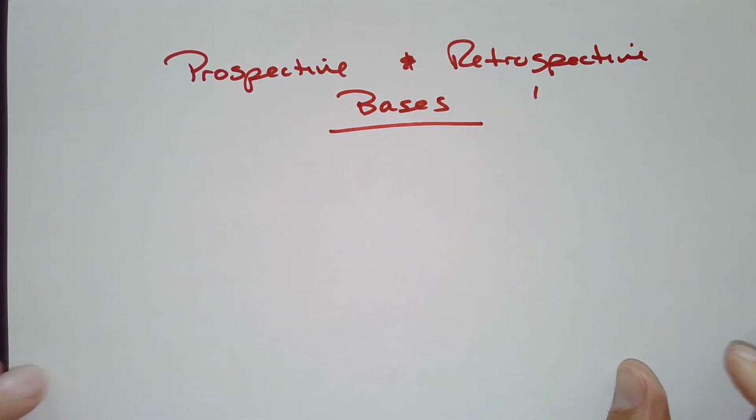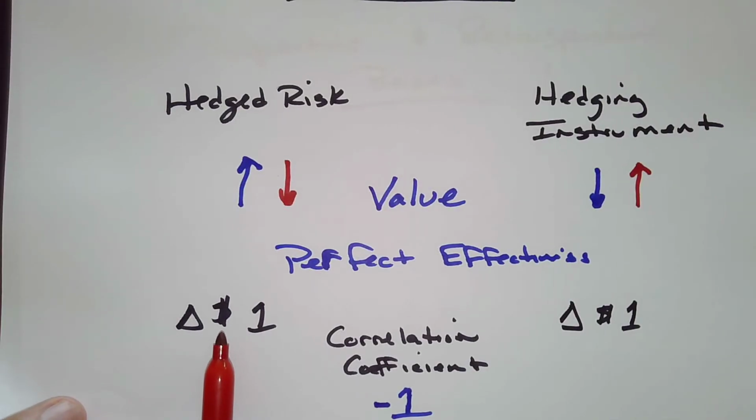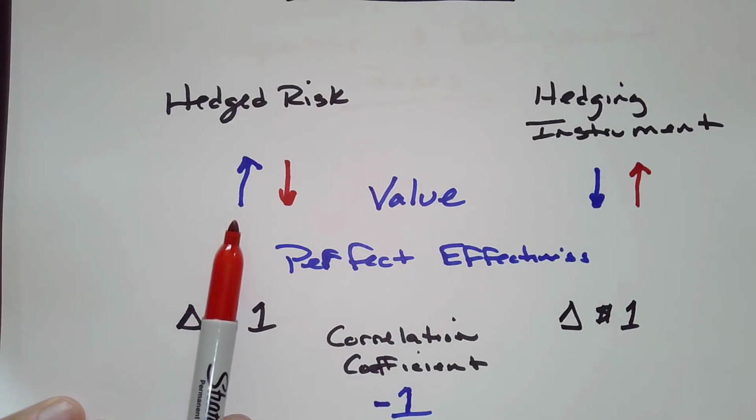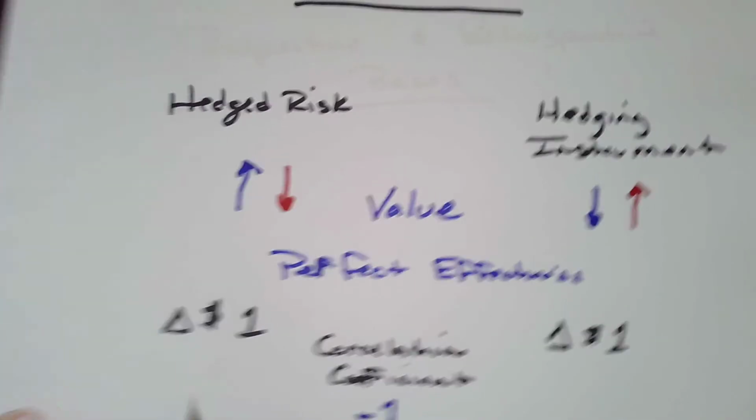Retrospective and prospective bases. So what is the retrospective basis? Well, just like we did here, we compare in the past how the hedged risk changed as far as value is concerned versus the hedging instrument. And we look at how much the hedging instrument offsets the hedged risk.